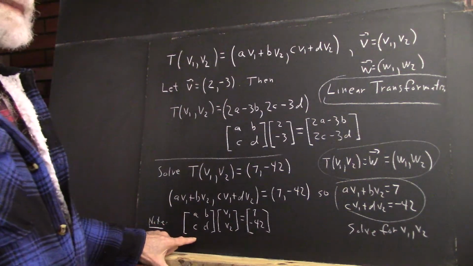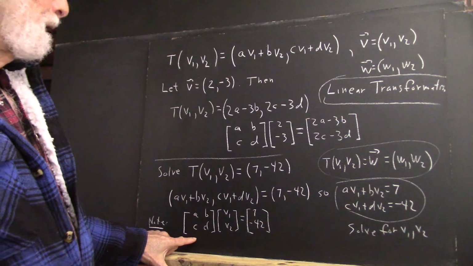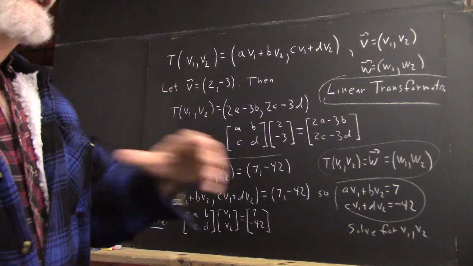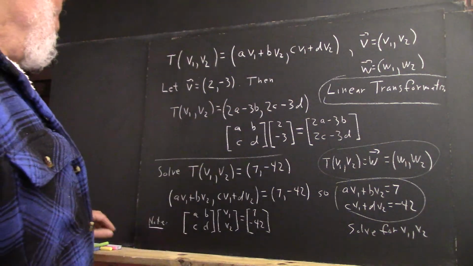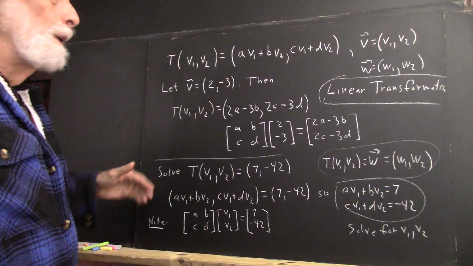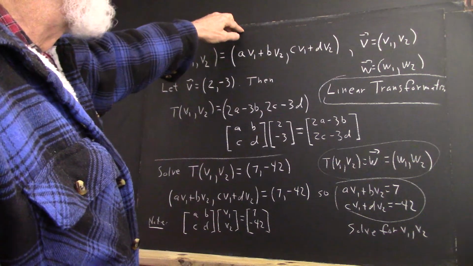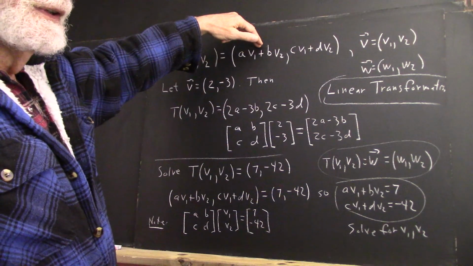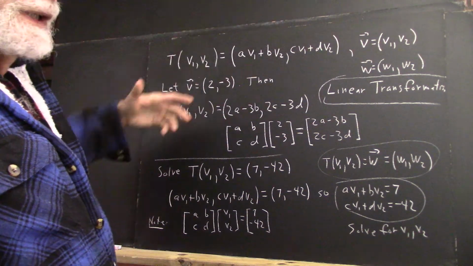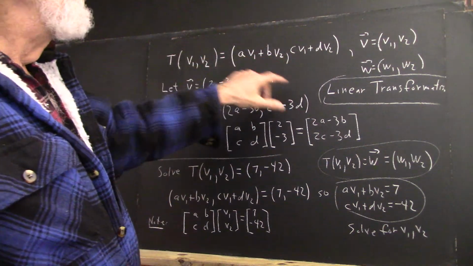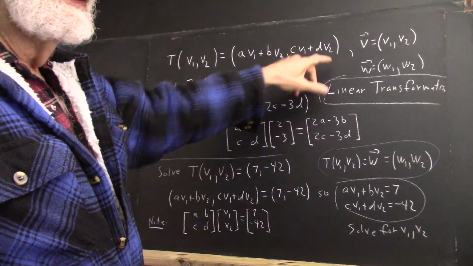This matrix might or might not be a square matrix. If it's a square matrix, then you have a unique solution if and only if it's invertible, and all the stuff that we already know about. Okay, well, that's what we mean by a linear transformation. This is a general form of linear transformation in R2. Any linear transformation in R2 will have this form. You just have to give the numbers a, b, c, and d.